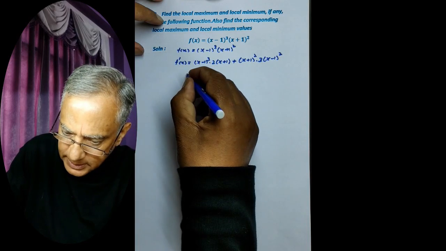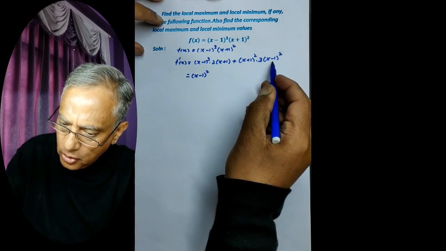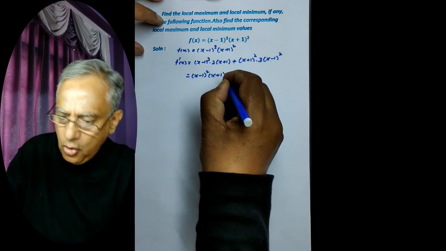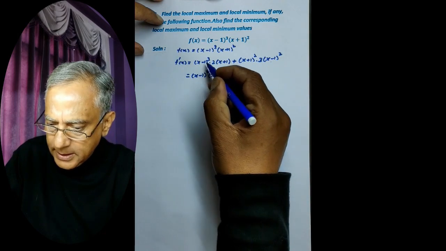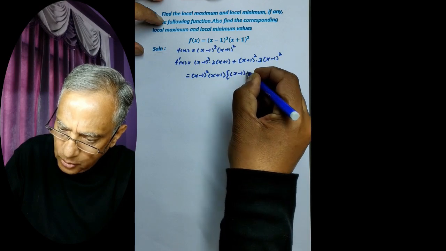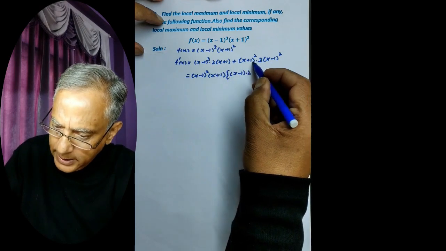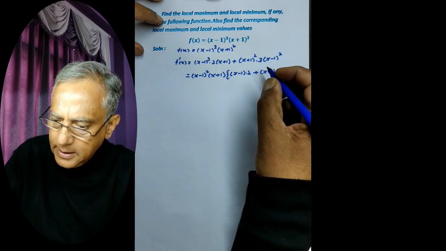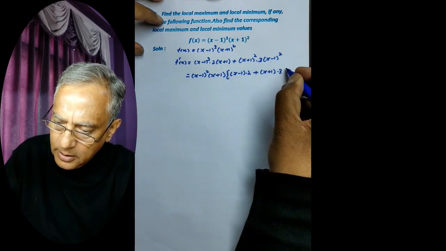So this is equal to, now (x minus 1) whole square is common and x plus 1 is also common. So we are left with, since (x minus 1) whole square is common, x minus 1 into 2, and since x plus 1 is common, x plus 1 into 3 into (x minus 1) whole square is common.